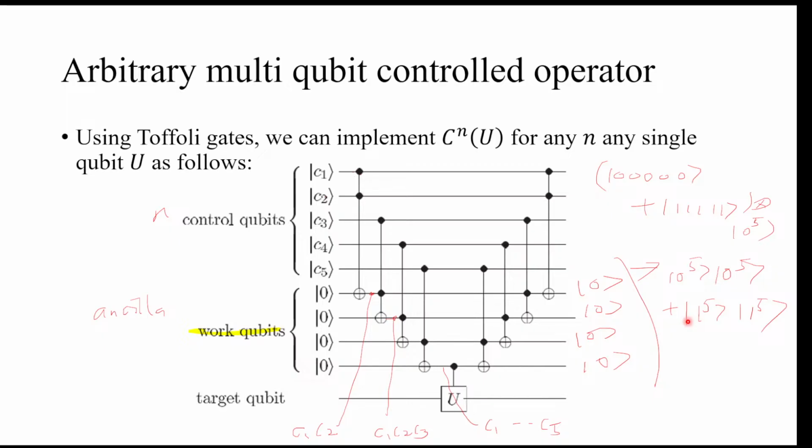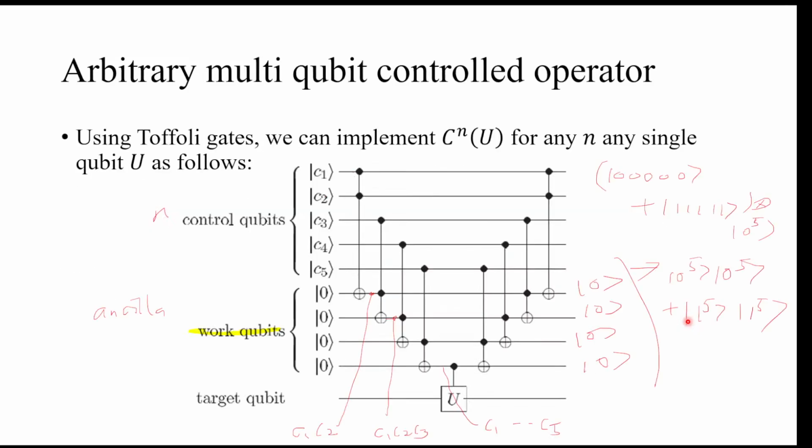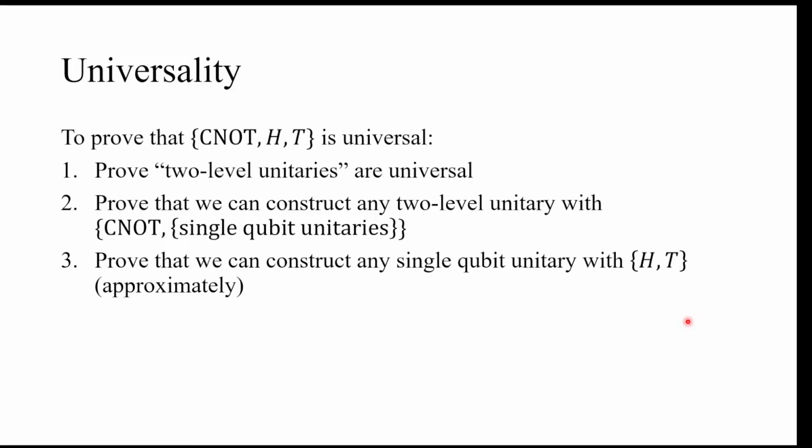Let's end with this slide and maybe start a break earlier. Okay, so now we have the tools to talk about universality, and here, like I said, we prove one gate set is universal.